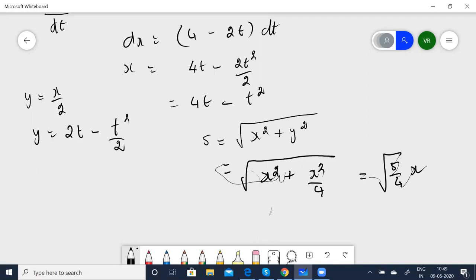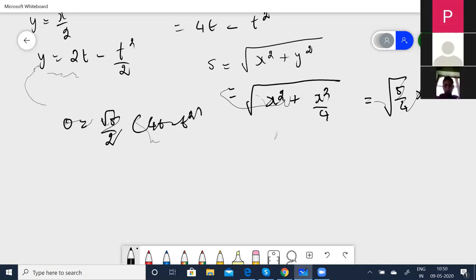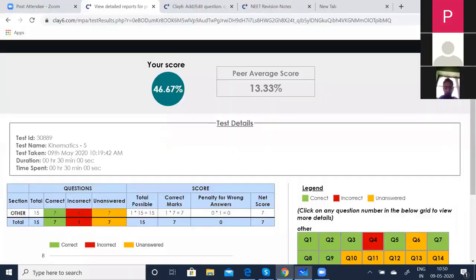Now equate that to 0, because we have taken the displacement to be 0. So 0 is equal to root 5 by 2 times (4t minus t squared). From this you can infer that t is equal to 4 seconds.